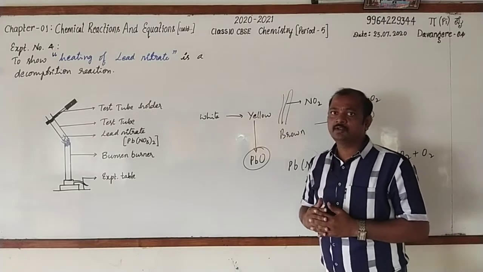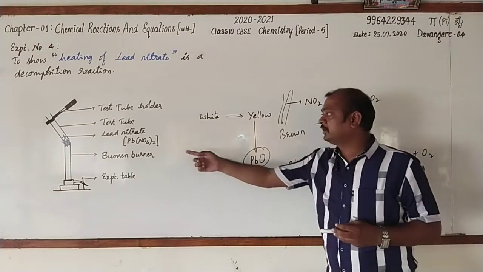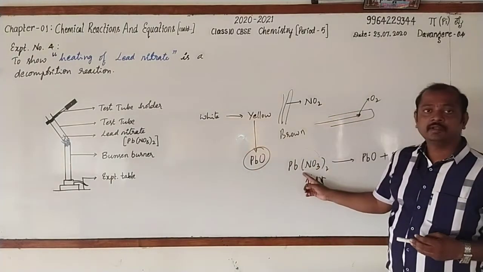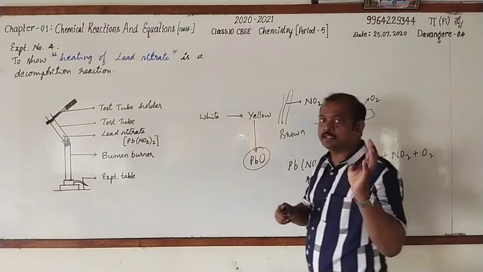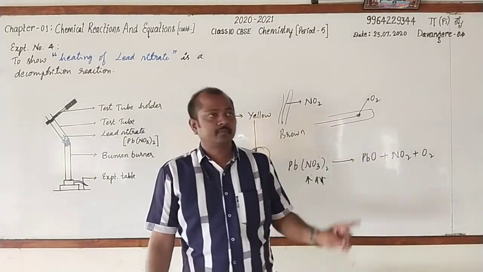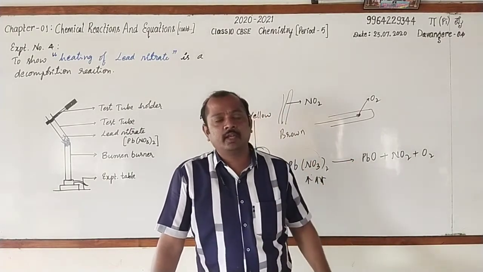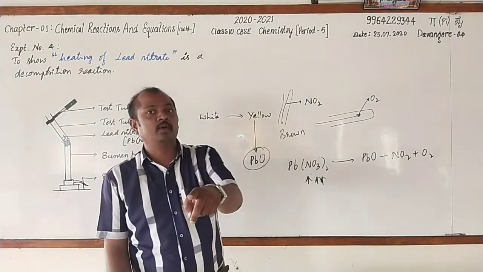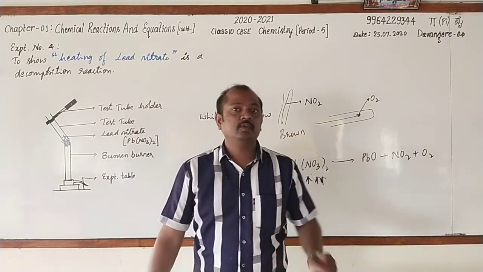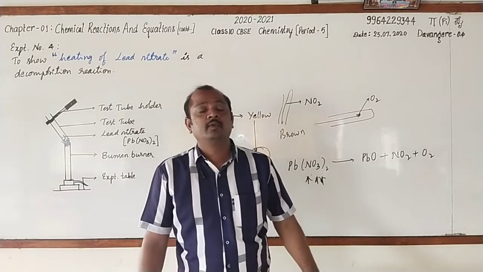Did you understand? Now, please do remember the products that are formed when lead nitrate is heated. What are those? One is lead oxide, second is nitrogen dioxide, third is oxygen. And what is the color of lead oxide? It is yellow. Then how can you identify that nitrogen dioxide fumes are coming out?